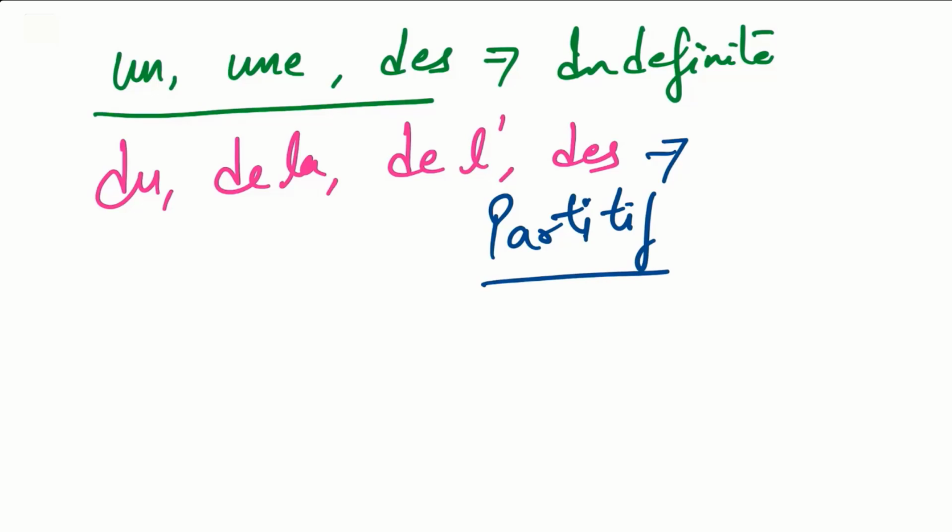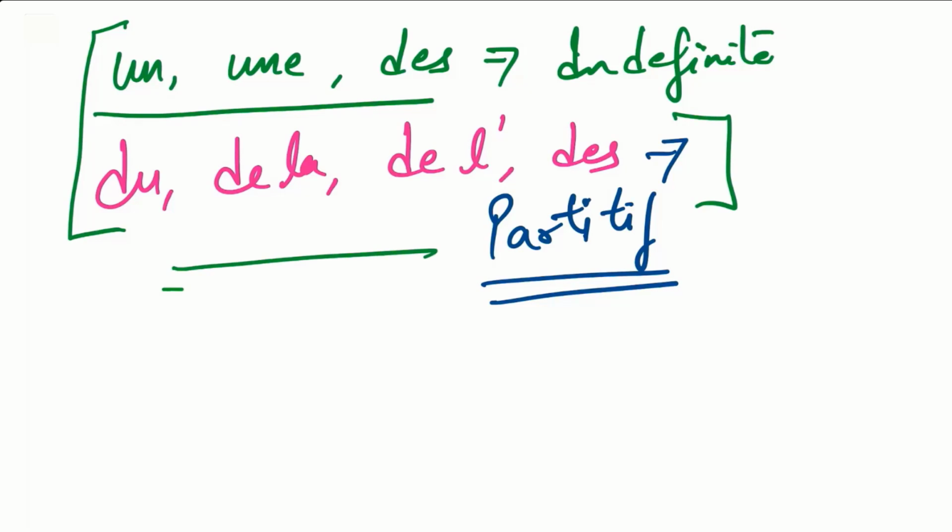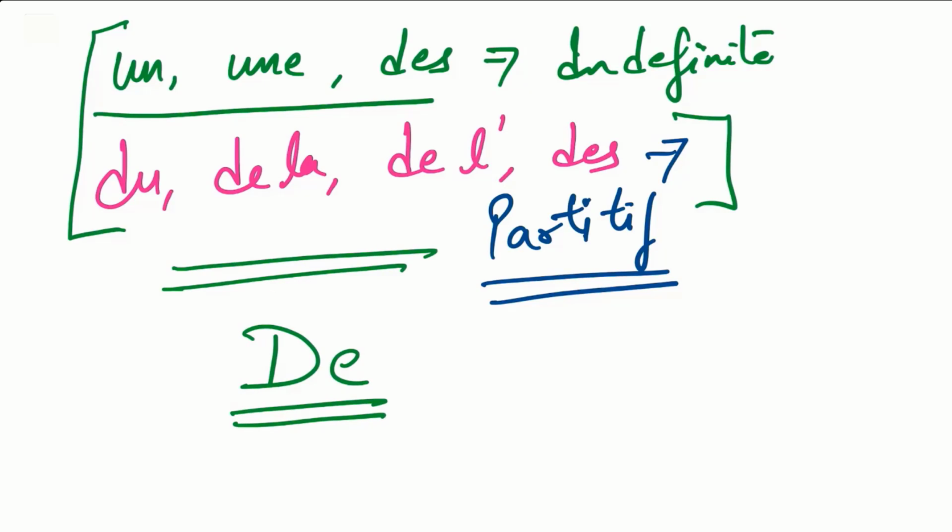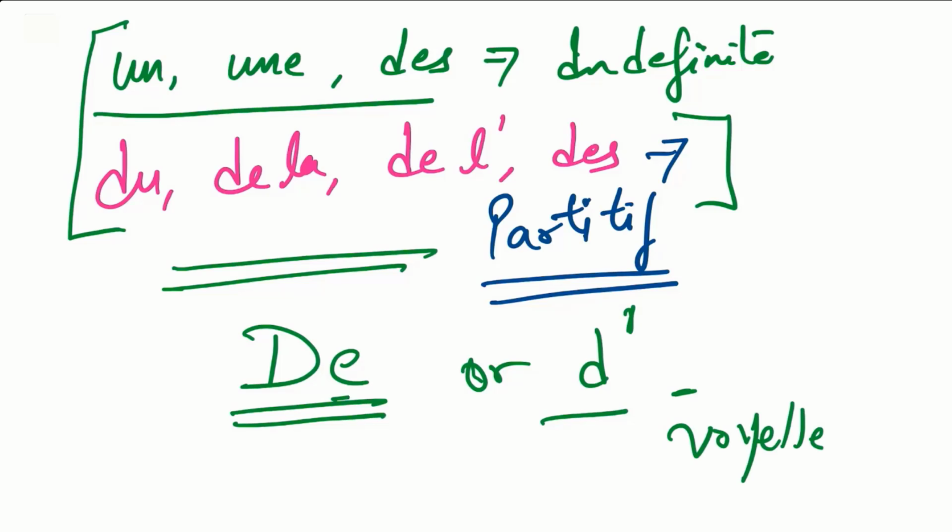So why am I writing these articles here? The reason is that if these articles are there in the sentence, you have to change them into de or d'. If the next word starts with a voyelle, the E will drop and you have to put an apostrophe on the top.